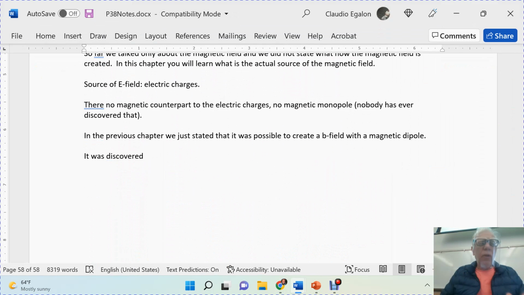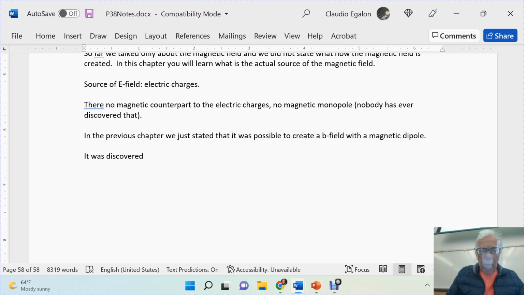One thing is to discover the real source of magnetic fields. Another thing is to observe the phenomenon of magnetic field in a bar magnet. You know that a bar magnet can produce a magnetic field, or even small pieces of stone, but what is the actual source of that magnetic field? It's an electric current. It's charges in motion.